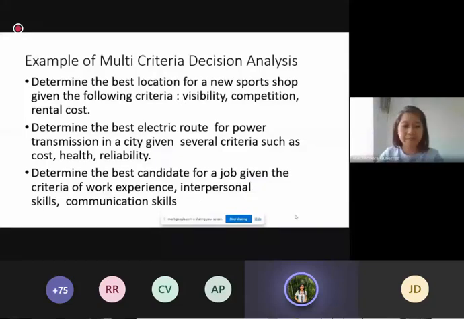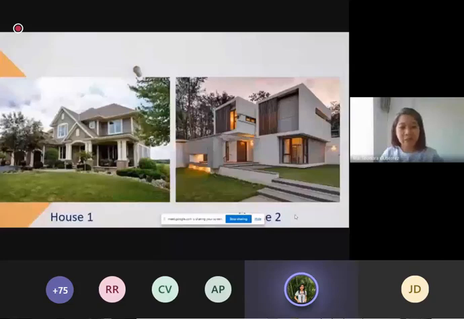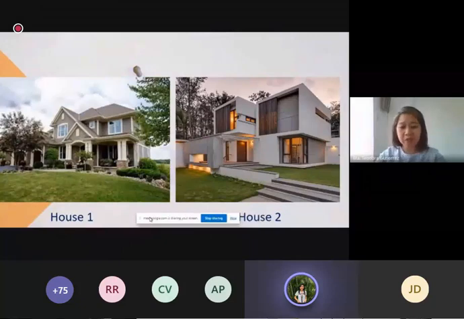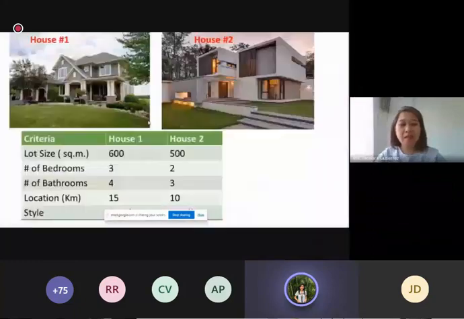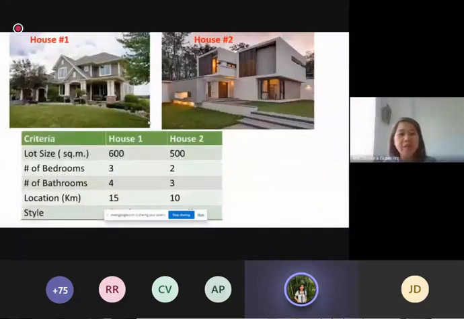So let's have a very simple example. Suppose I would buy a house and I come up with these two options, house 1 and house 2. I wrote the attributes of the house and indicated them as criteria.